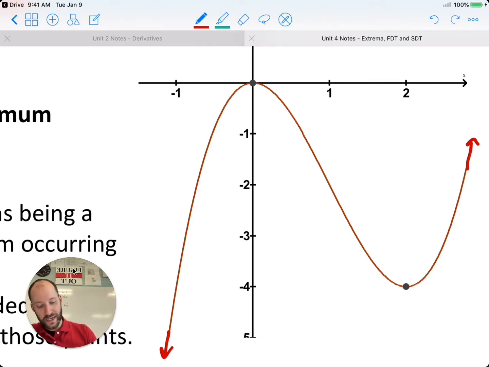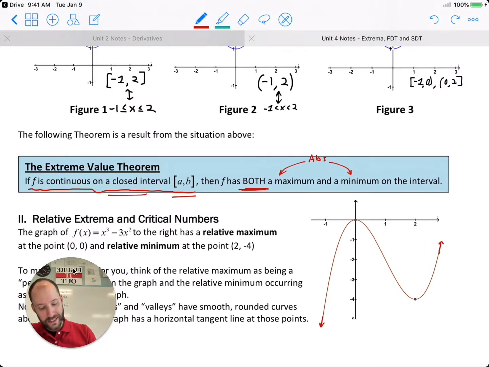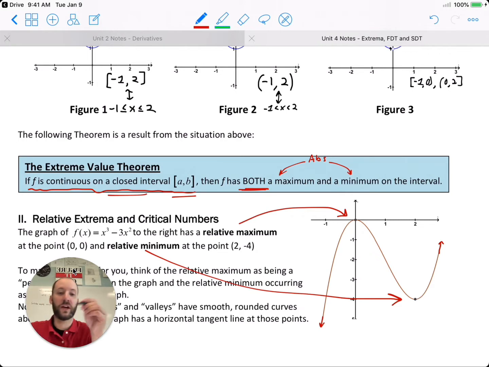So that point is not the highest point, it is a high point. You can think of it as a high point in the neighborhood. It's the highest point in a region, a subset. So around it is the highest point of points around it. Relative minimum right there. It is a low point on the graph. It's the lowest point in that neighborhood, that region, okay?